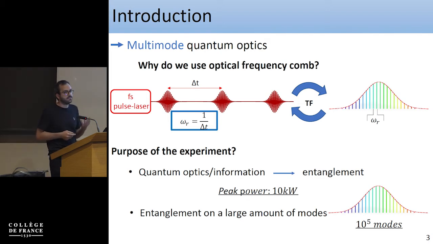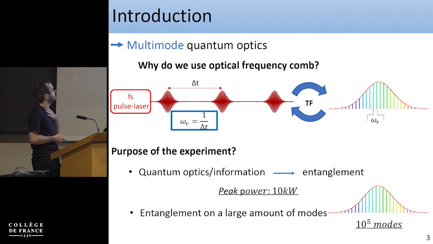So we want to use this tool to do quantum information. So we need optical nonlinearity and entanglement. About the nonlinearity, it depends on the power.